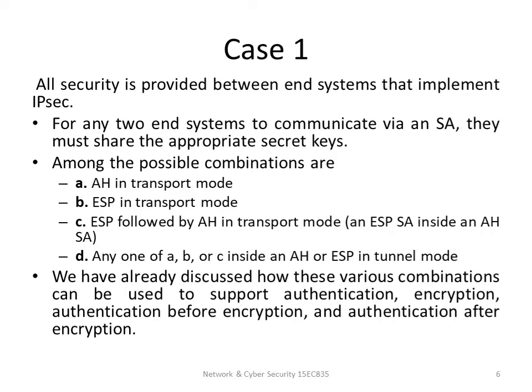So among the possible combinations, A is AH in transport mode, B is ESP in transport mode, C is ESP followed by AH in transport mode, that is, an ESP SA inside an AH SA, and D is any of these A, B, C inside an AH or ESP in tunnel mode. We have already discussed how these various combinations can be used to support authentication, encryption, authentication before encryption, and authentication after encryption.